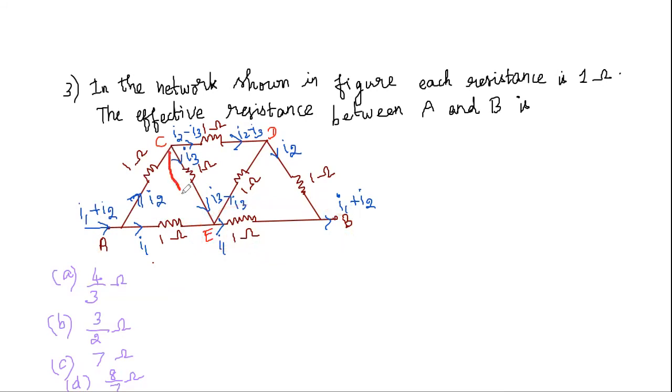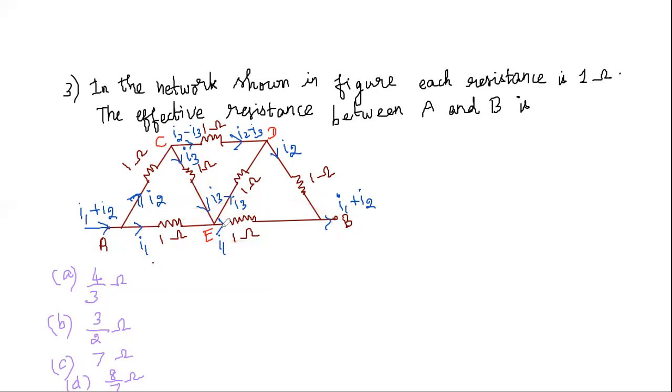Because current through this arm CE is equal to the current in the arm ED. So here you see I3 amount of current is flowing here, same I3 amount of current is flowing here. So that's why through this arm AE current is I1, and through this arm EB the current is I1. So here the current is same through these two arms.